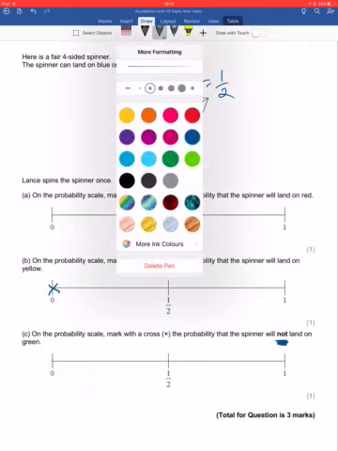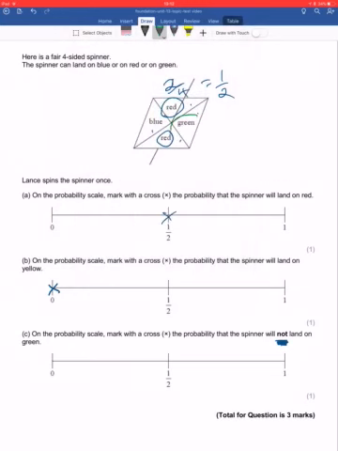Let me just show you there. 1 green. So I've got 3 that are not green. So 3 not green out of 4. So if I made my probability line into 4, then 3 out of 4 is going to be there.